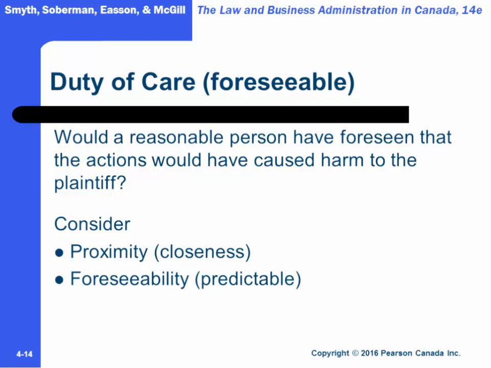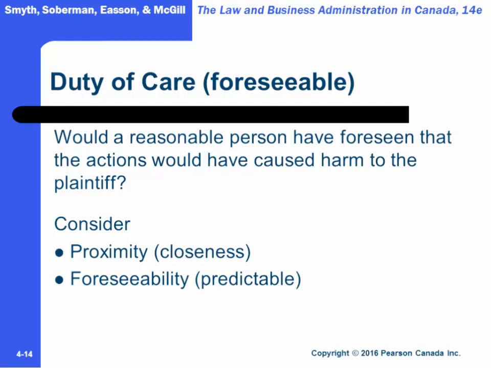Turn to the next page, 84. And then it continues, to the plaintiff or someone in the plaintiff's position. And at somewhere near the words in the plaintiff's position, you should write, not the particular victim. So it's not necessary for you to be able to foresee with precision the precise victim who will get hit by the ball.